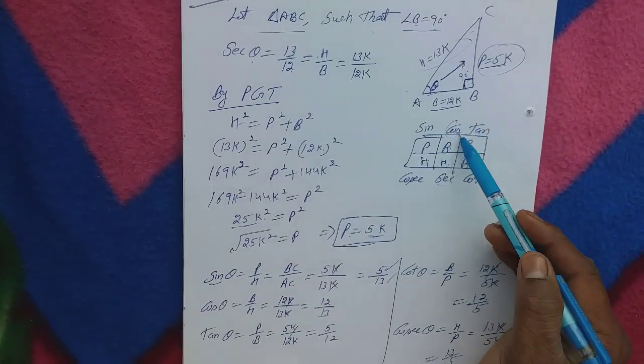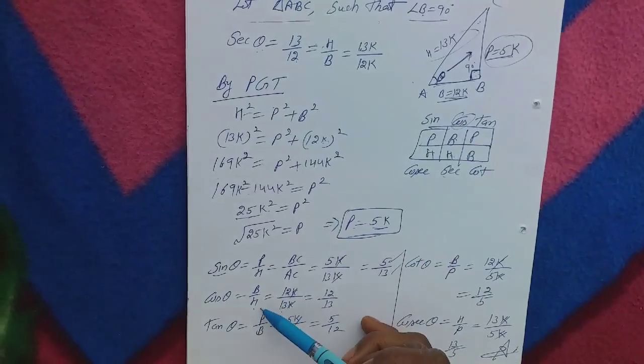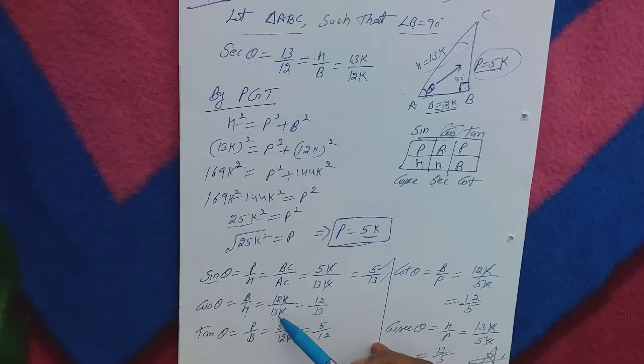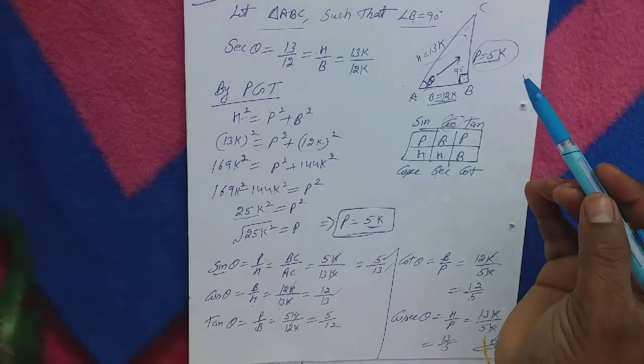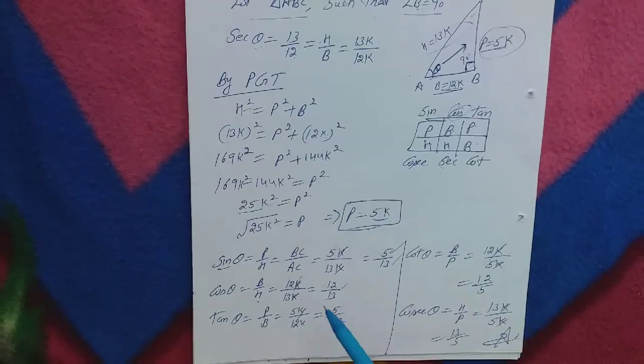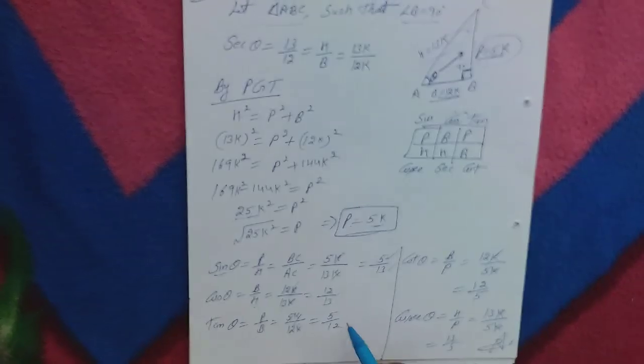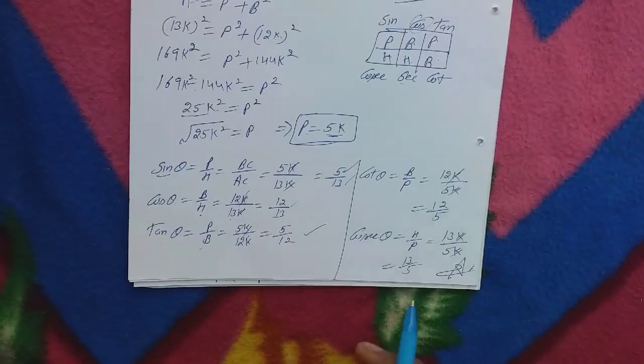Put here, you will get 5 by 13. Next cos is b by h, value of b is 12k and value of h is 13k. So k cancels with k, 12 by 13 left. Next tan theta, tan is p by b. You have values p and b, put here, and after cancelling you will get 5 by 12.